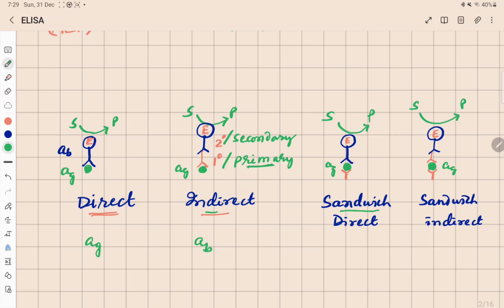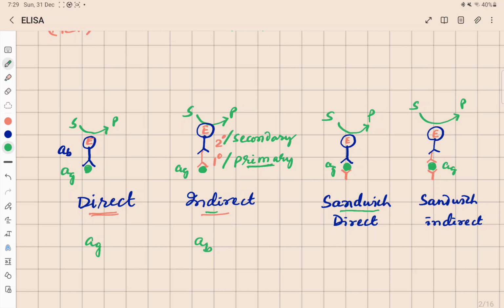Here the sandwich means the antigen is sandwiched between two antibodies. One antibody below and one antibody above, and between these two antibodies the antigen is sandwiched. So we call it sandwich ELISA.